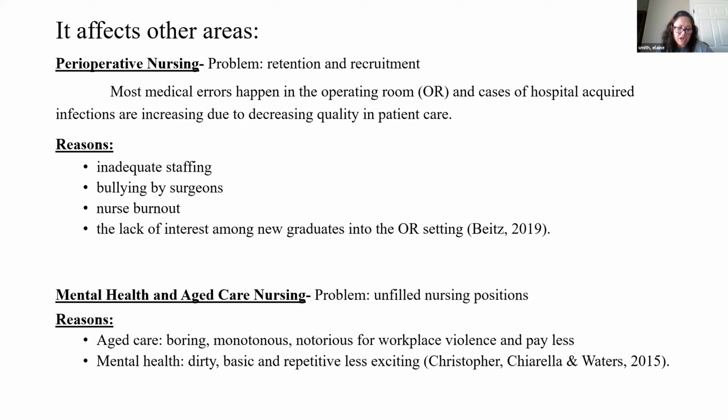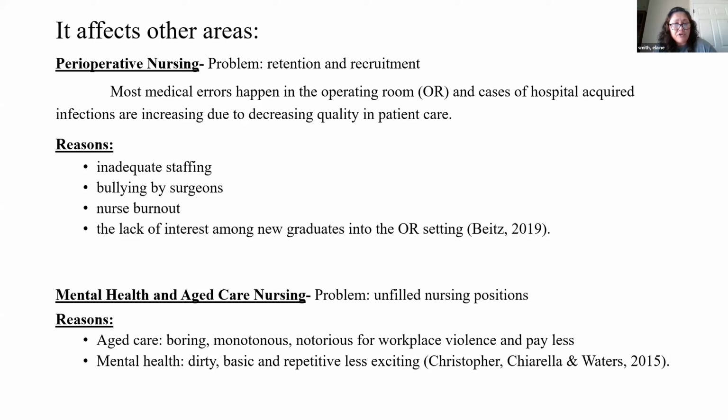The greatest concern is the safety of the patient in surgery, which is why this field of nursing needs expert and experienced nurses. Retention problems come from inadequate staffing, bullying by surgeons, and nurse burnout. Recruitment problems come from the lack of interest among new graduates in the OR setting due to lack of exposure during clinicals.